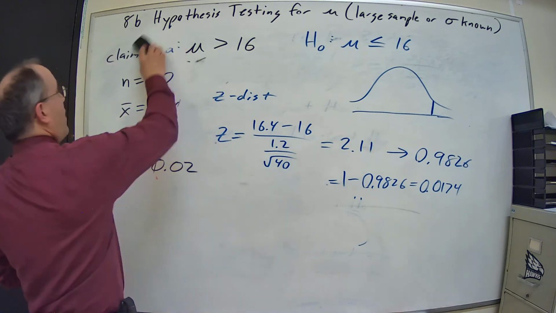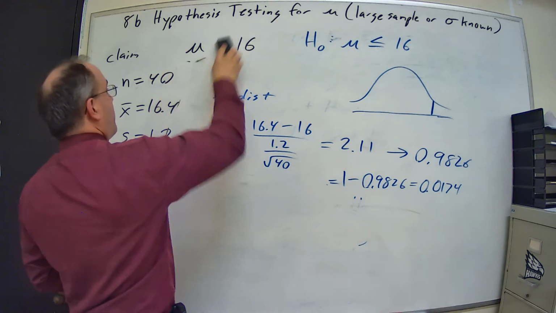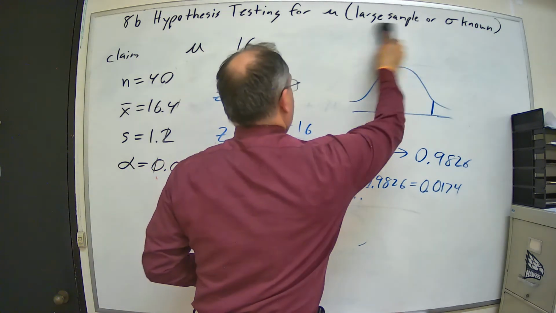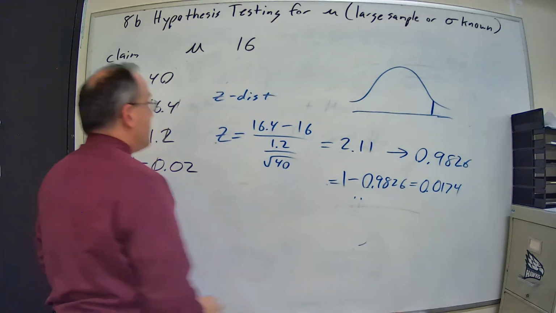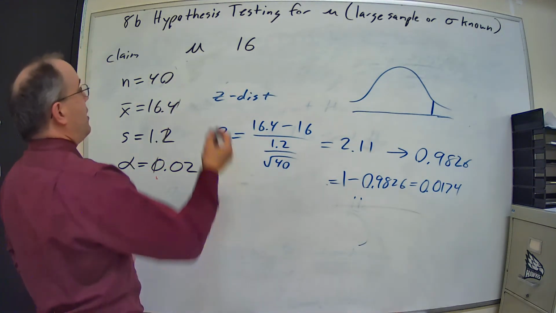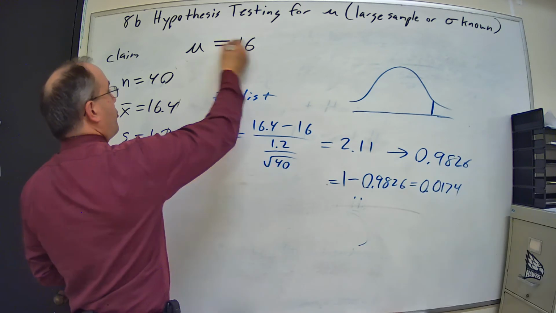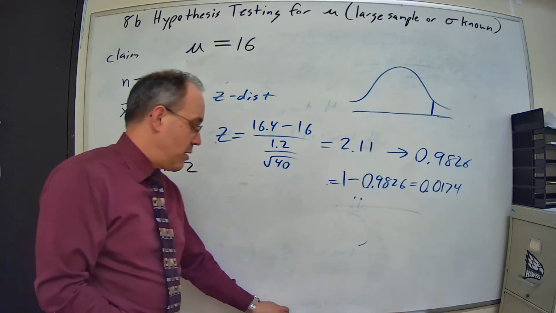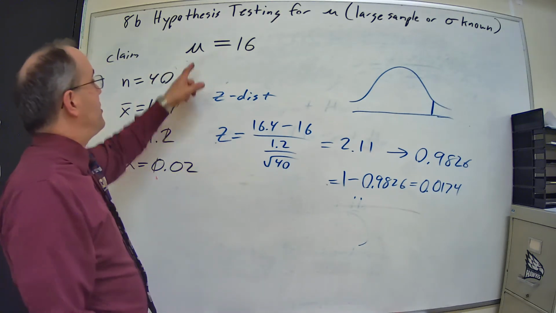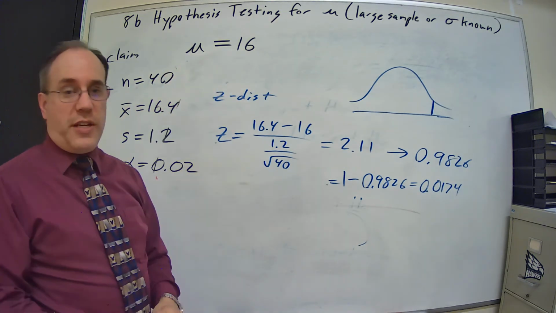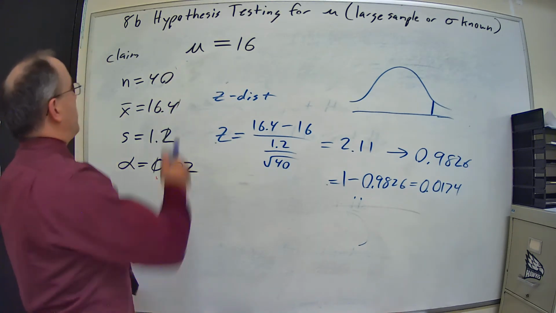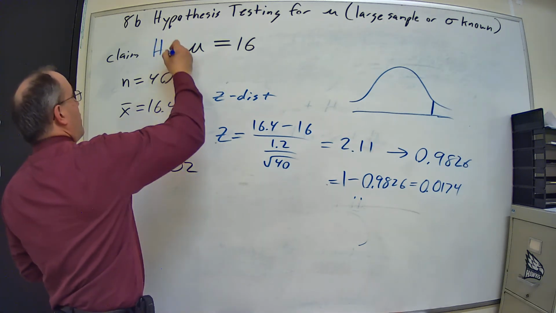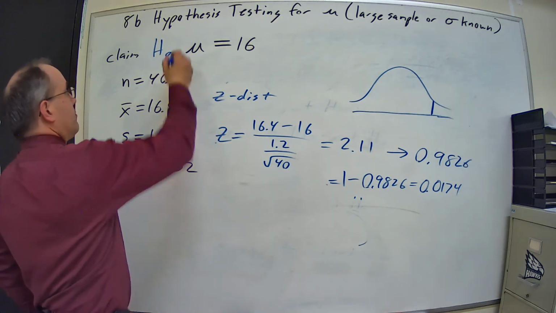So what that does is that just changed the claim to mu is equal to 16. If the claim is that the average is equal to 16, now that claim is the null hypothesis.